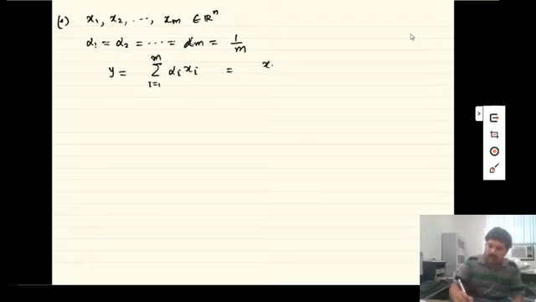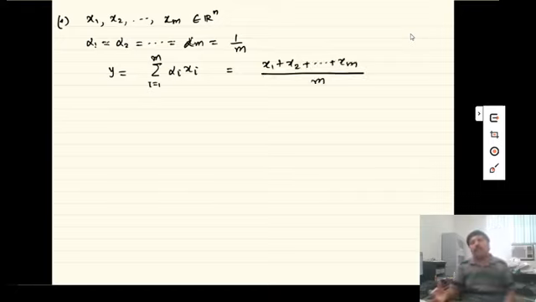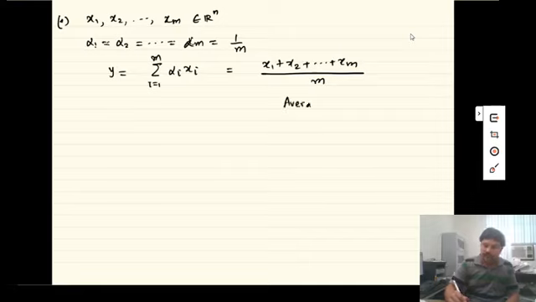This is nothing but x1 plus x2 plus xm divided by m. So I am actually taking the average of vectors. I will define the average of entries in a vector a little later. That's a different thing. This is what I am defining as the average of vectors itself. So this is called averaging. Averaging is a linear combination, adding is a linear combination.